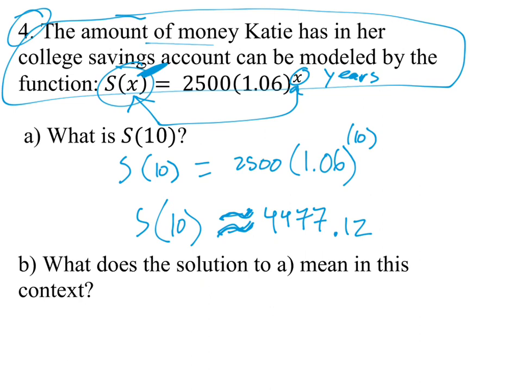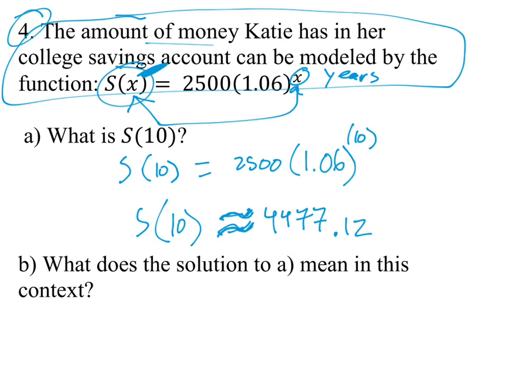S of X is going to be the same as account, and so this would mean S of 10 is the amount of money in the savings account after 10 years is approximately $4,477.12. So we're going to write that out, with words.